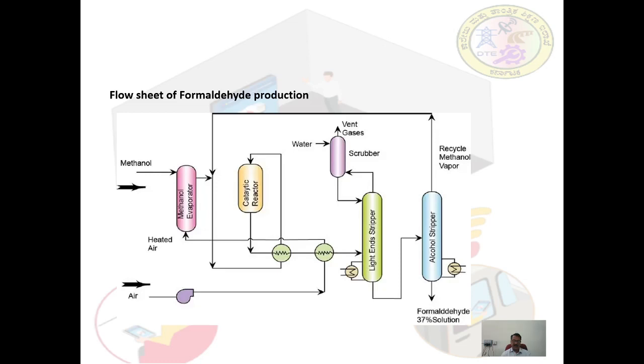From the absorber, formaldehyde and unreacted methanol rich water stream is obtained as a bottom product.